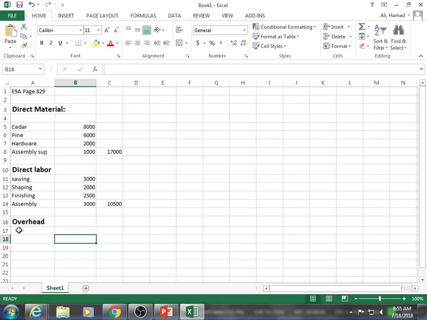Under the overhead, the sewing: how many machine hours? 120, correct? 120 hours times 20. Let's put it first. The shaping: how many hours? 210. 210 times 20. The finishing.